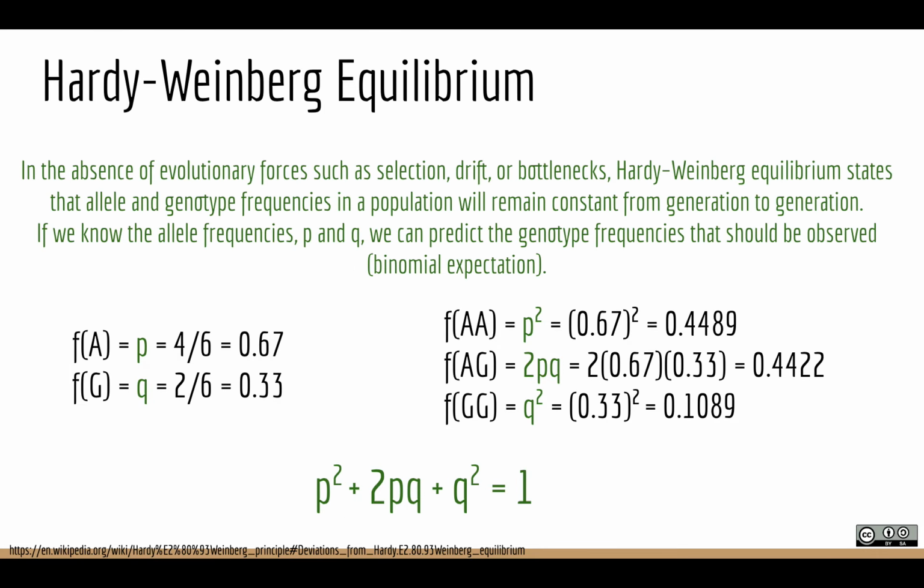Hardy-Weinberg equilibrium states that in the absence of selection, in the absence of a bottleneck, in the absence of any selective pressure at all, if we know the frequency of the alleles, P and Q, we can predict the frequency of the 3 possible diploid genotypes given those allele frequencies.